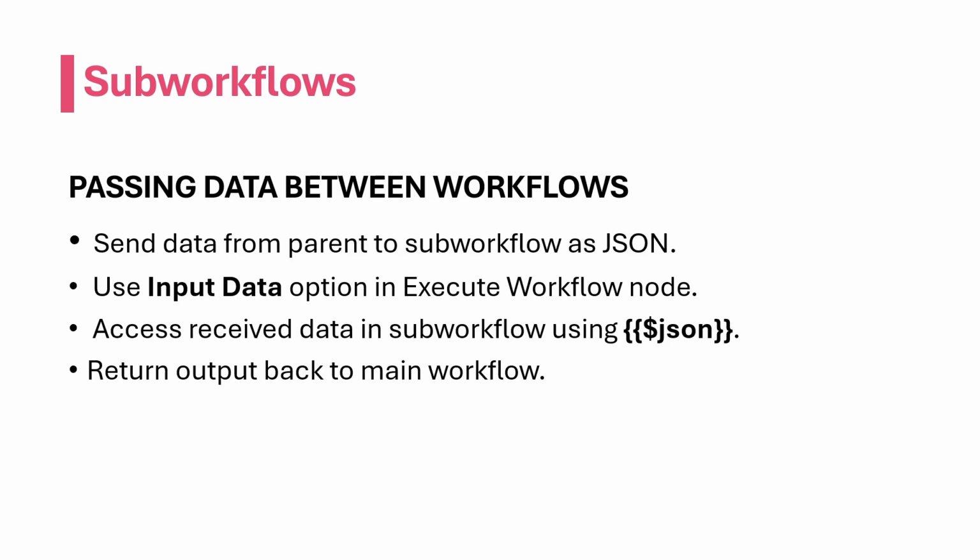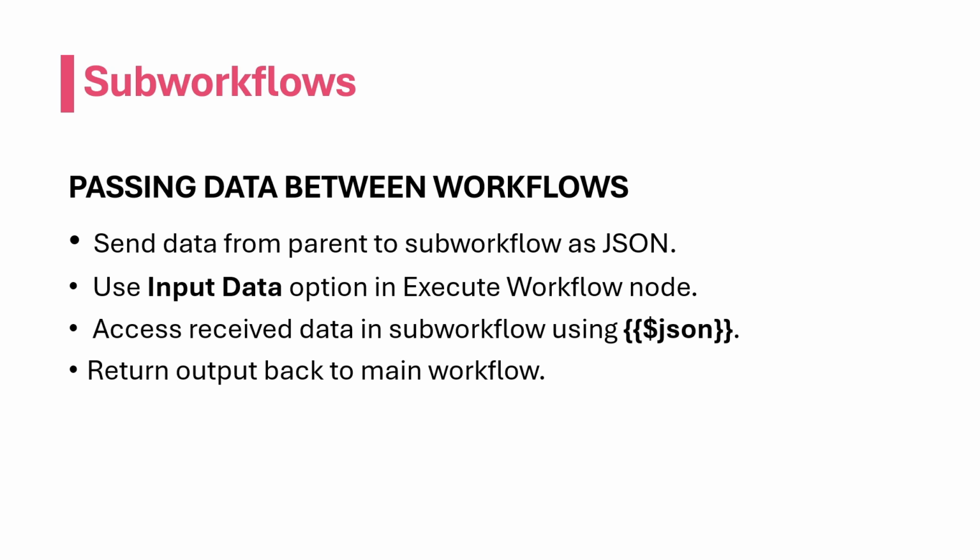You can also pass data between the main workflow and the sub workflow. How? In the Execute Workflow node, you will find an option called input data. Here you can send JSON or any field from your parent workflow. Inside the sub workflow, you can access it using the curly brackets, dollar sign JSON code.